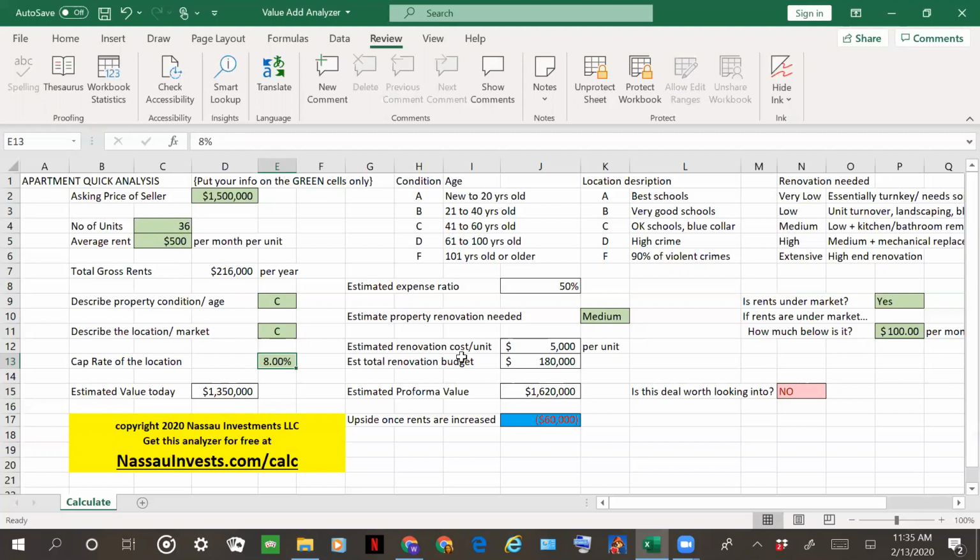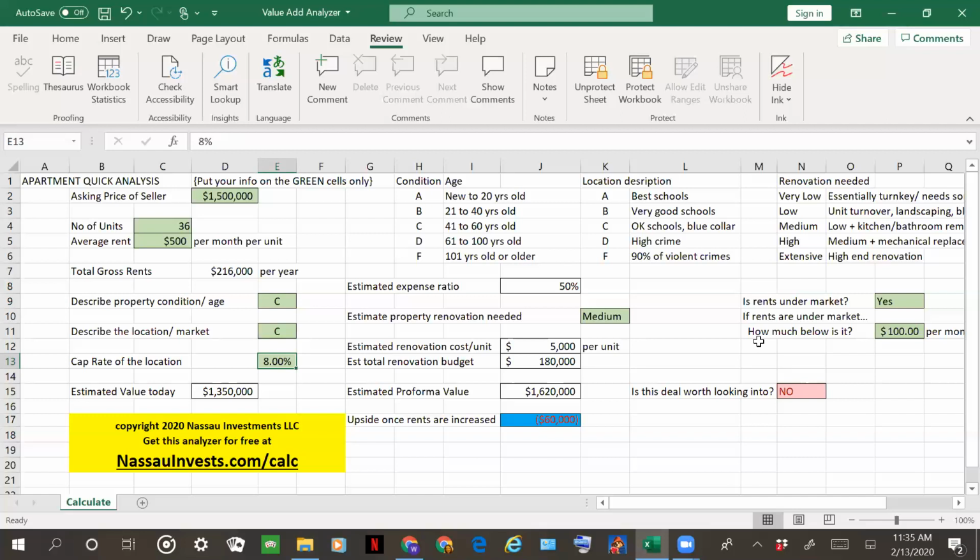Then you need to know how much rents are under market for that particular building. Because here's the thing, Mike doesn't buy anything unless he can add value to the building. He doesn't believe in converting cash into cash flow, or cash into yield, especially in the market where we're at right now.